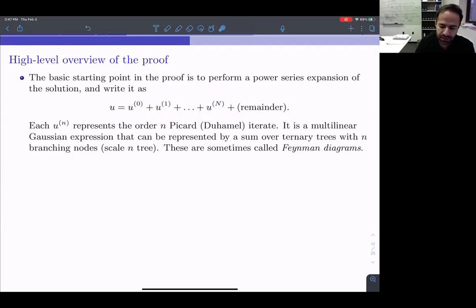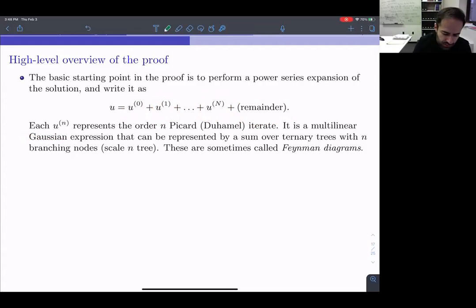This is the 0th iterate, this is the first iterate, this is the nth Picard iterate. Each of those iterates will be a multilinear expression that involves the random variables eta k. It's not necessarily Gaussian unless the initial data is Gaussian. And each of those U sub I can be represented in terms of what are called Feynman diagrams.